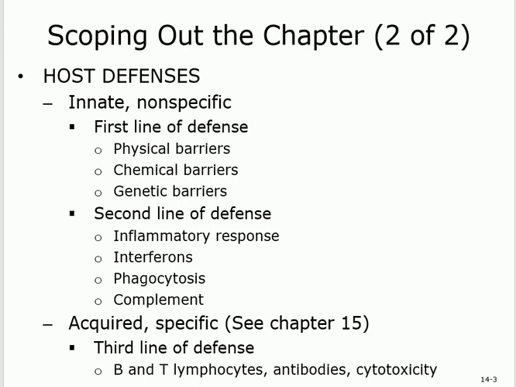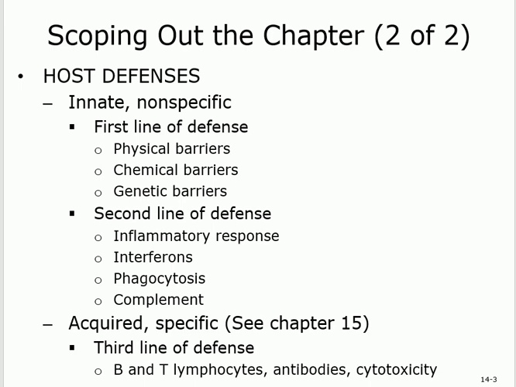The innate one consists of two things, first line and second line. So first line is going to protect us first. If something skips or can go through the first line, the second line will take care of it. Still non-specific. This slide is important because this is what we're going to discuss in details, okay?